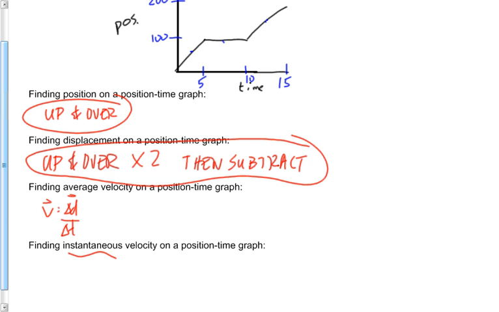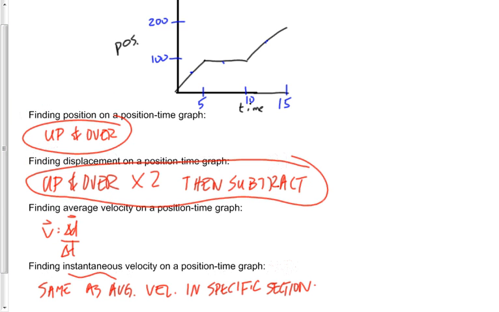Now, if you've got a graph that has only straight lines on it, this is easy. The instantaneous velocity will be the same as the average velocity in a specific section. Now, think about what I just said here.